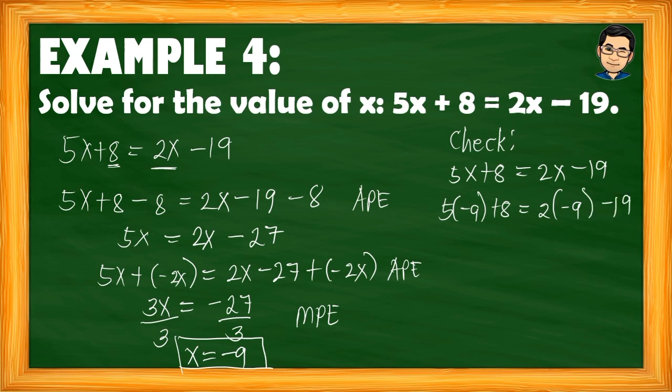So, 5 times negative 9 is negative 45 plus 8 equals, so 2 times negative 9 is equal to negative 18 minus 19. If we add negative 45 and 8, the answer will be negative 37. And then negative 18 minus 19, that is negative 37. So, negative 37 is equal to negative 37. Therefore, the value of x is negative 9.